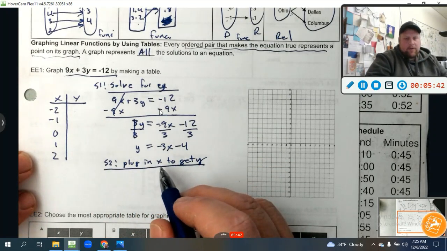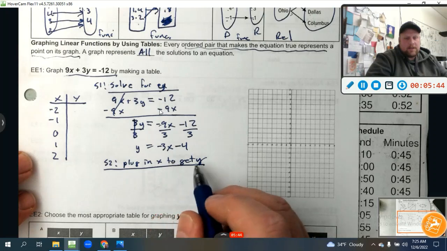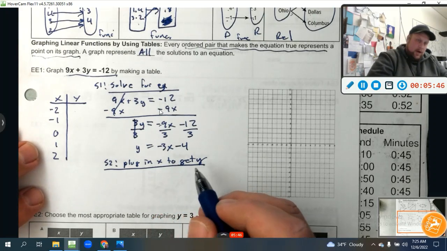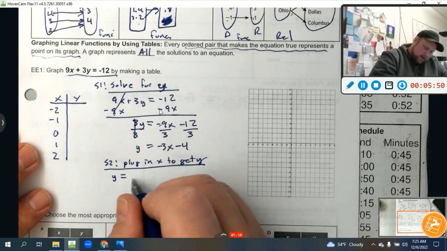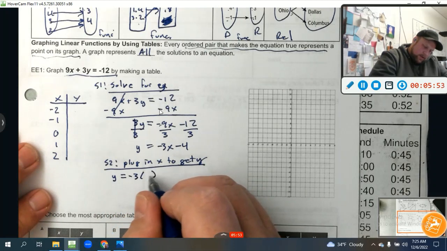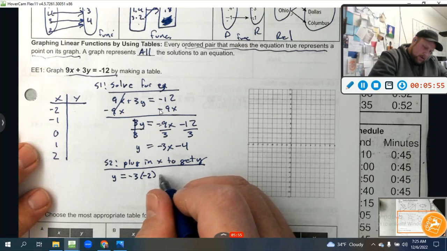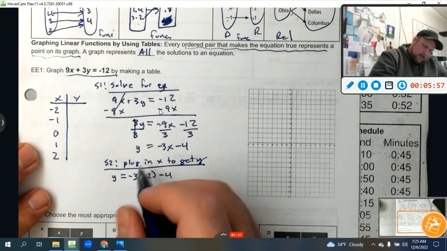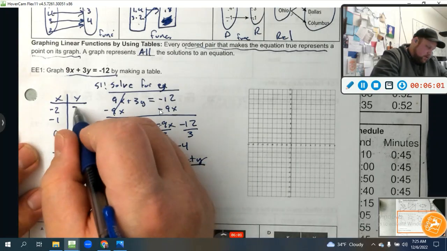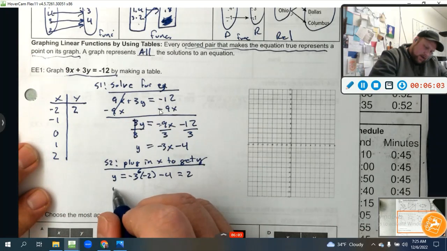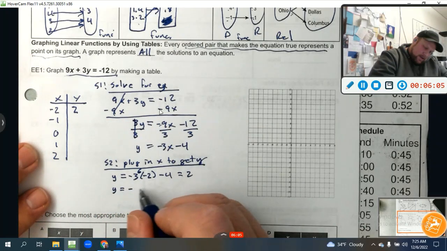We can pick whatever x we want, but whatever x we plug in is going to get us a very specific dependent y. So I'm going to have y equals negative 3, and then always in parentheses, times negative 2, minus 4. Negative 3 times negative 2 is positive 6, minus 4 is 2. There we go, 2.